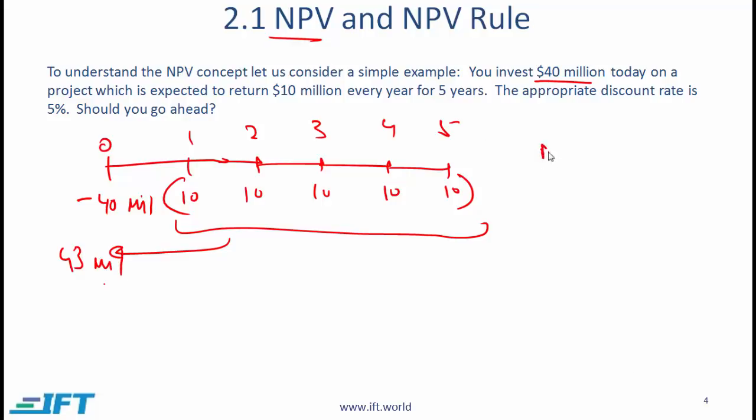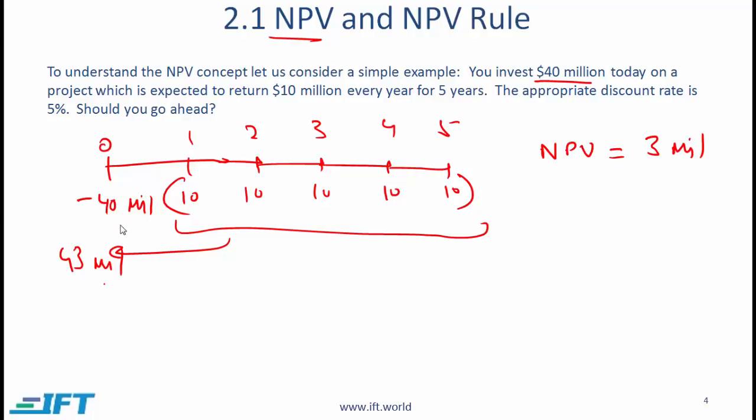The net present value for this project is 43 million, which is essentially the present value of future cash flows, minus 40 million, which gives us 3 million. The reason we call this net present value is because we are netting out our cash outflow or our investment.